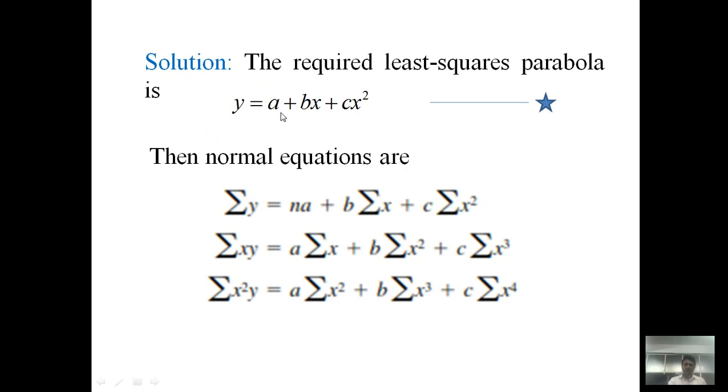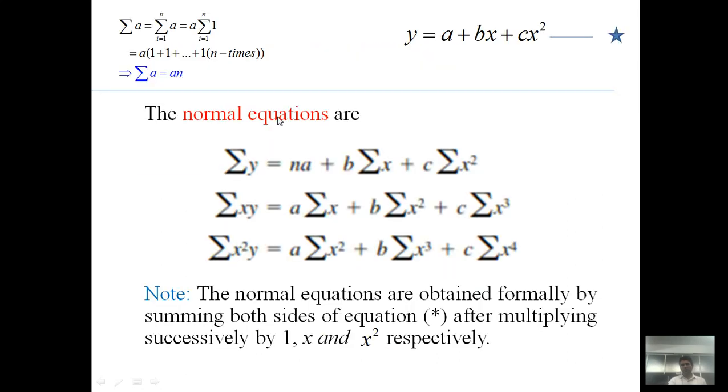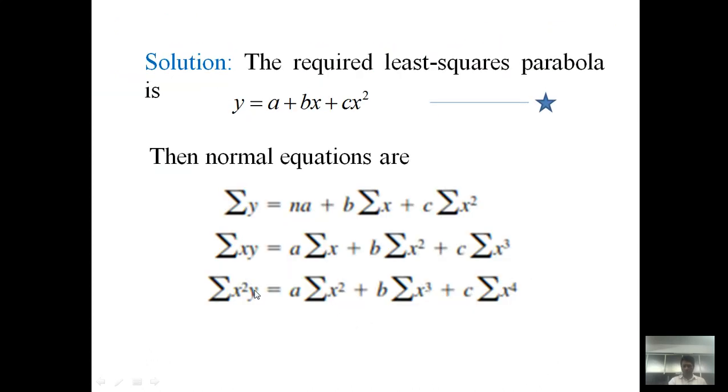So ultimately our aim is to find the values of the unknowns, that is a, b and c. And to find the values of the unknowns, we know that we have to use this system of three linear equations, known as the normal equations.